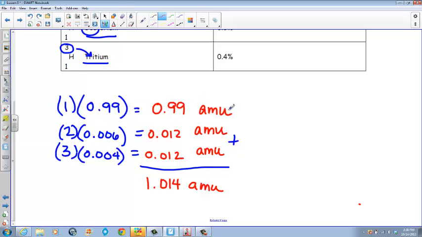So when we do that, I get these values over here: 0.99 AMUs for hydrogen 1, 0.012 AMU, atomic mass unit, for hydrogen 2, and 0.012 AMUs for hydrogen 3. I add those three up and I get 1.014. That is the weighted average mass for hydrogen.